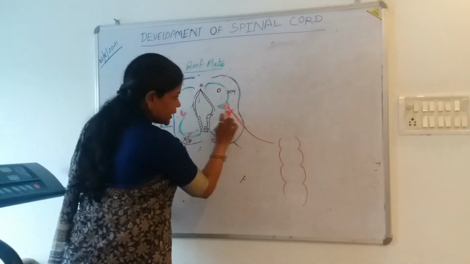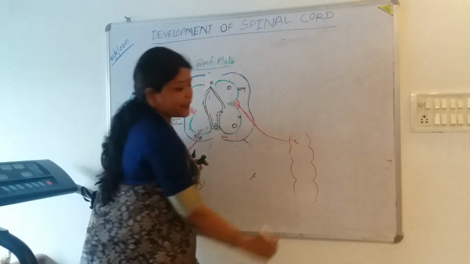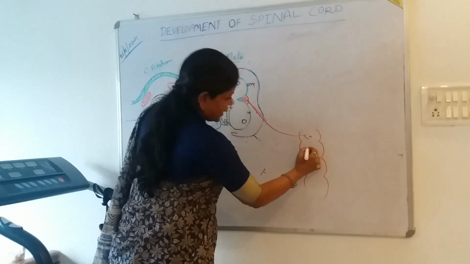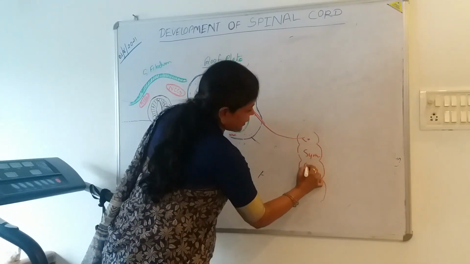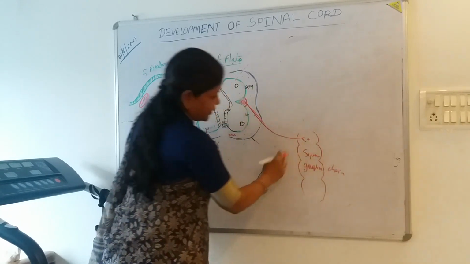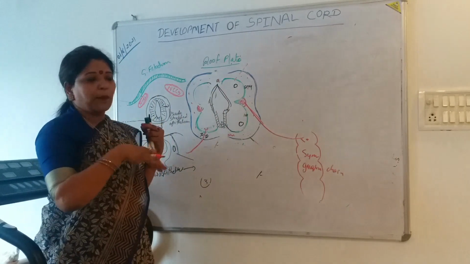Now, these preganglionic fibers relay here in the sympathetic ganglia, the sympathetic ganglion chain, which is present alongside the spinal cord. We will see it in the paravertebral gutter.